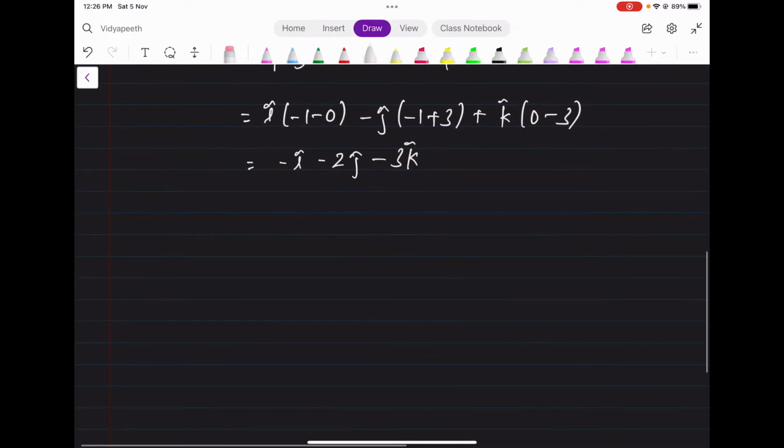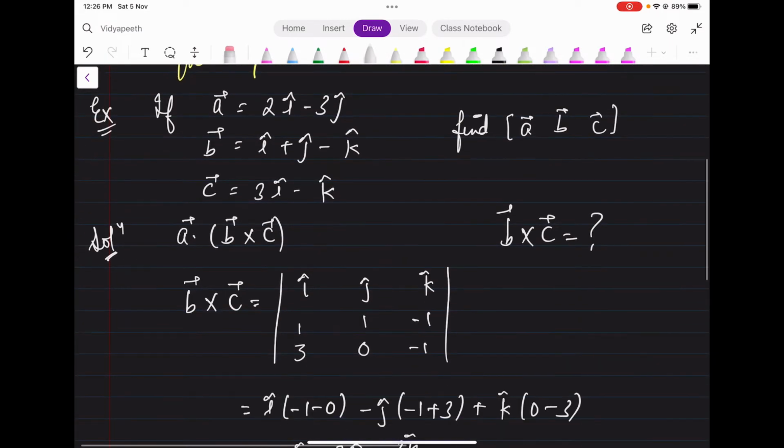And now what do I have to find? I have to find A dot B cross C. What is my A vector? Just go back, that is 2i minus 3j.